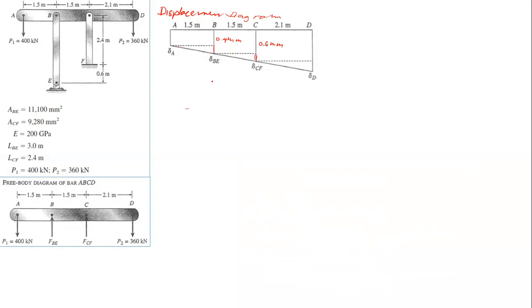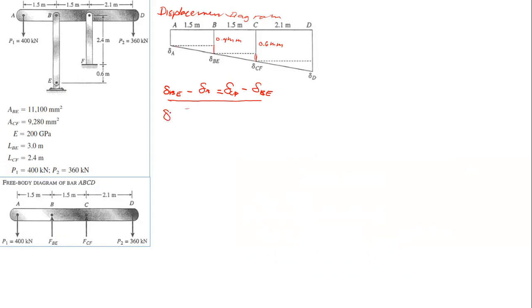So if we subtract the deformation of BE minus the deformation of A, meaning the vertical movement, it is simply equal to the difference of these two: deformation of CF minus deformation of BE.